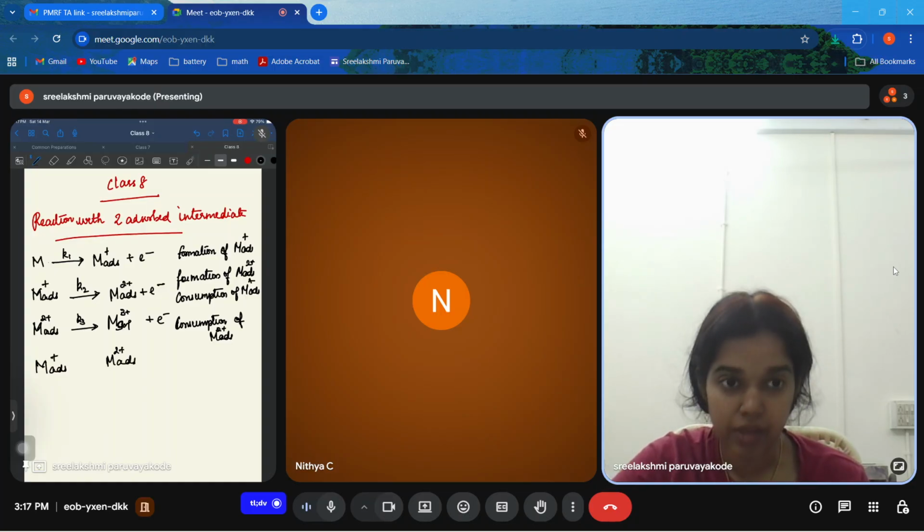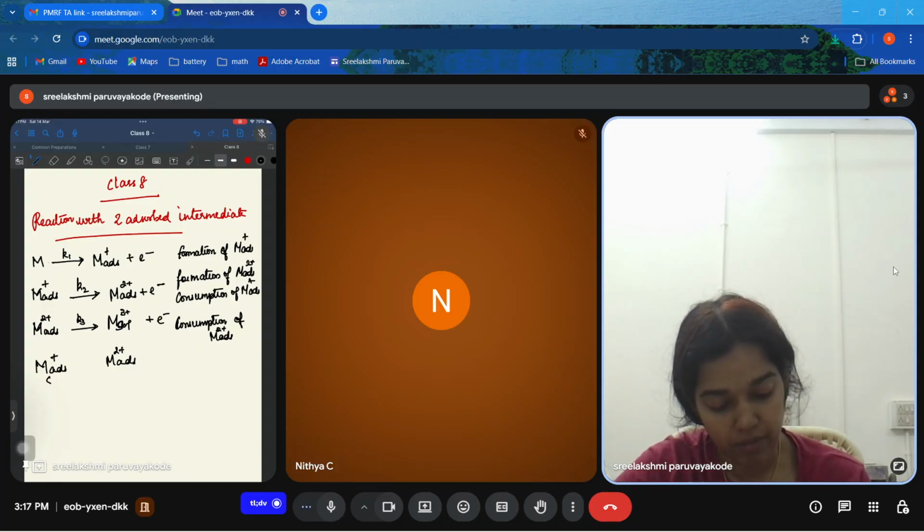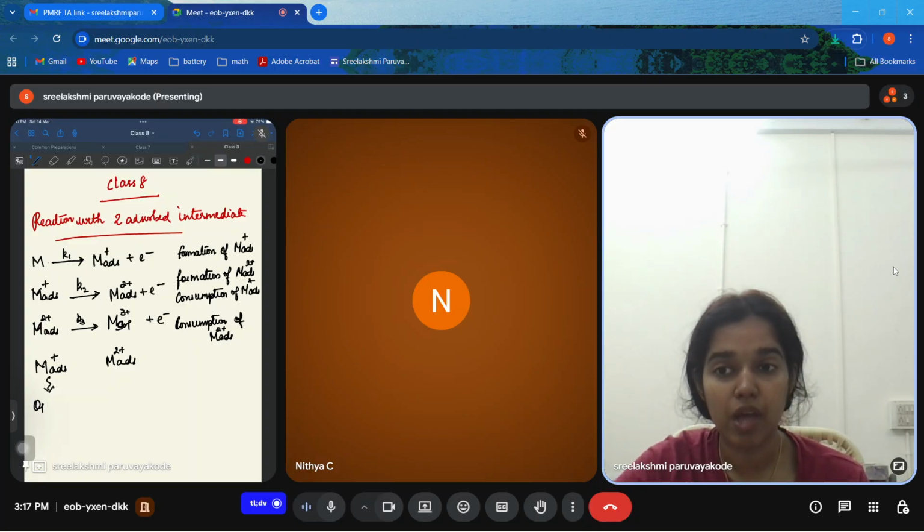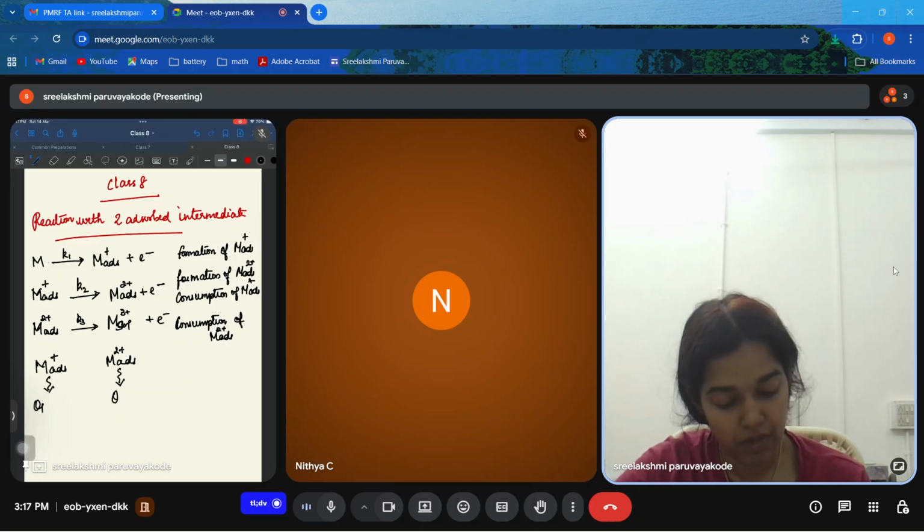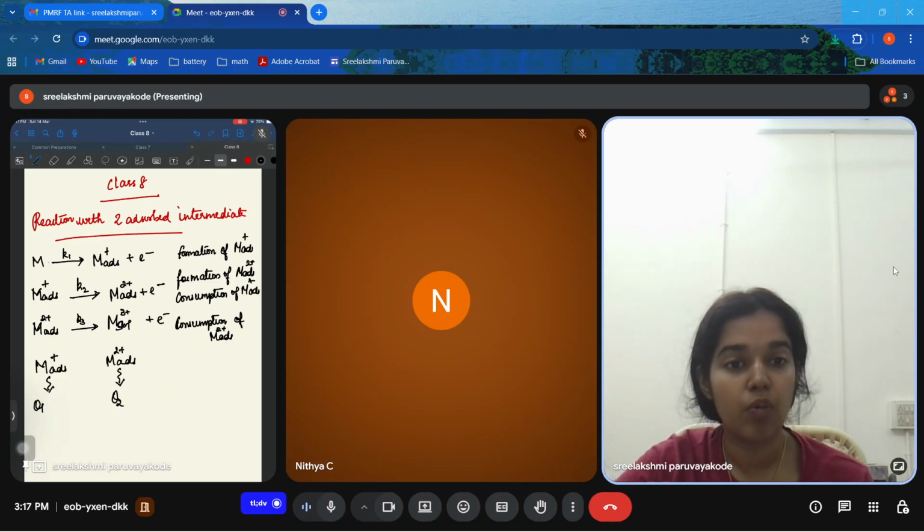Let the fraction of sites occupied by M adsorbed plus be theta 1, and the fraction of sites occupied by M adsorbed 2 plus be theta 2.